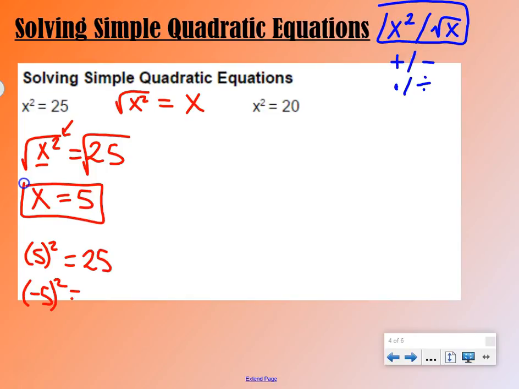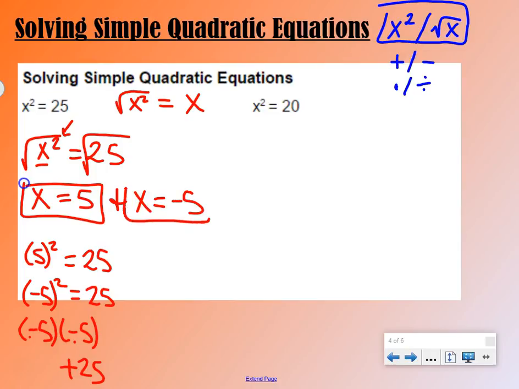Negative 5 squared also equals positive 25 because this is negative 5 times negative 5. A negative times a negative gives us a positive, and 5 times 5 equals 25. So we actually have two answers: x equals positive 5 and x equals negative 5. So in this lesson, all of our questions are going to have two answers.